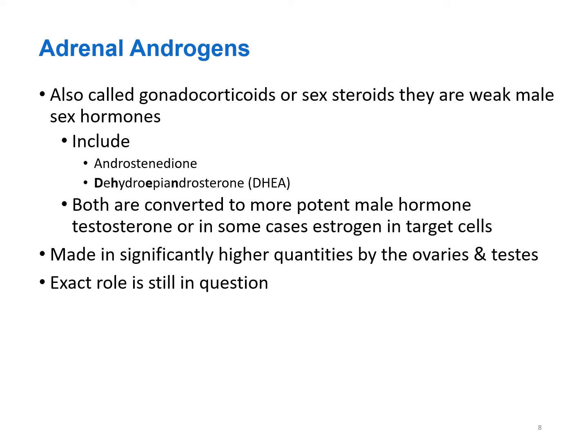Certainly, their production is insignificant compared to the sex hormones that are released by the testes in males or by the ovaries in premenopausal women. It's a different story postmenopausal, but premenopausal, the adrenal androgens released by the adrenal cortex really are insignificant compared to the estrogen that is released by the ovaries.